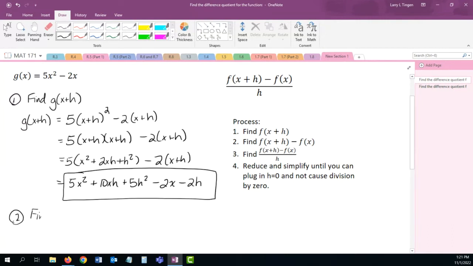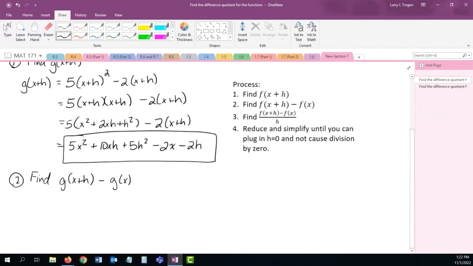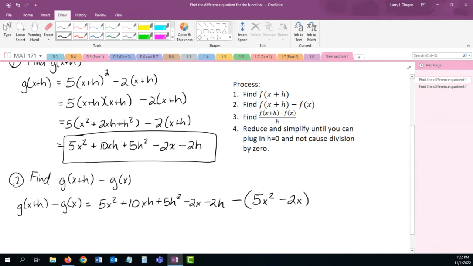Second step, let's find g of x plus h minus g of x. g of x plus h is everything I just wrote. So I just rewrite plus 10xh plus 5h squared minus 2x minus 2h minus, and then g of x is the original function, 5x squared minus 2x.